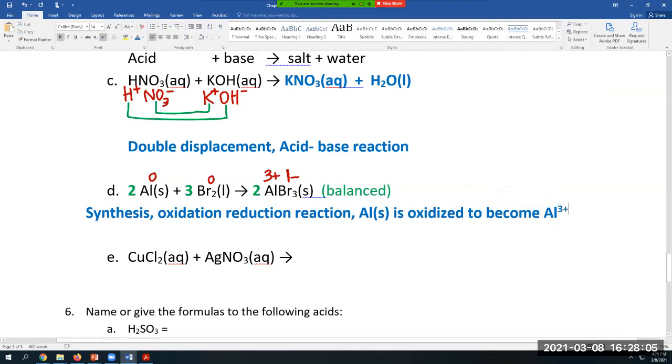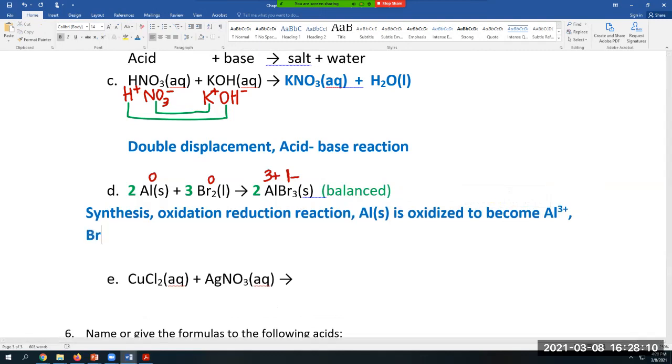And then if aluminum is oxidized, that means bromine is reduced. And so we start with Br2, the liquid, so bromine in its elemental state is reduced into Br minus, the bromide ions. And that makes sense that it's reduced because here the bromine, each atom needs to gain an electron to become the bromide ion. So that classifies this reaction.